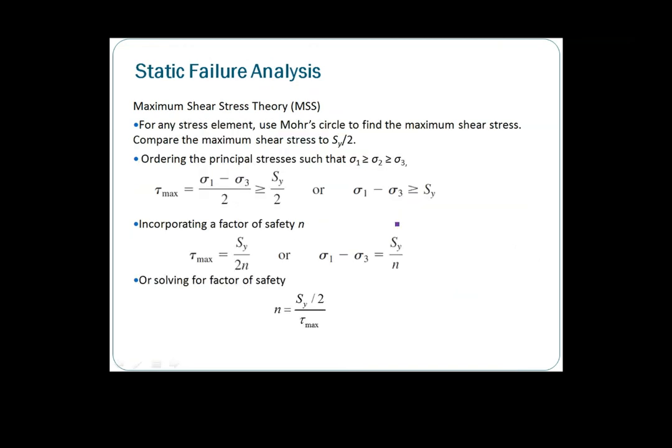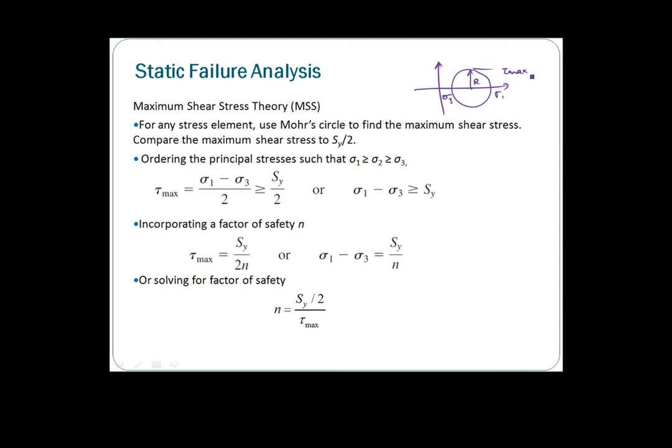If you still remember, under two-dimensional 2D, if you have a Mohr circle, this is your maximum, this is your minimum. Then here will be your R, which is your tau max.